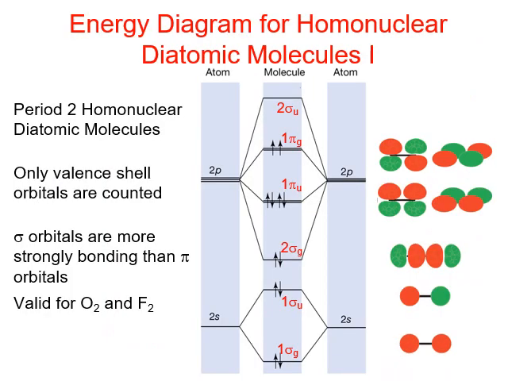Here is the molecular orbital diagram for period 2 diatomic molecules. Now we start from the 2s atomic orbital. Remember, we also have 1s, but 1s is the inner shell and its energy is very low, so it usually doesn't participate in chemical reactions. So we usually start with valence electrons, and for period 2 we start with the 2s atomic orbital, and the 2s atomic orbitals combine to form 2 molecular orbitals.